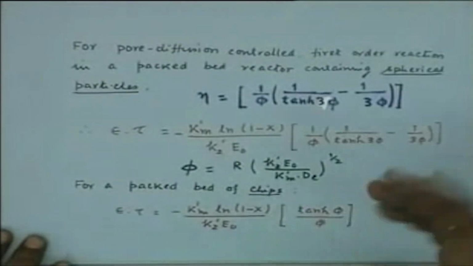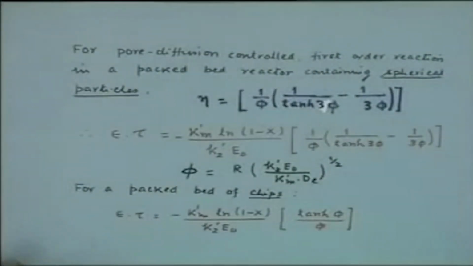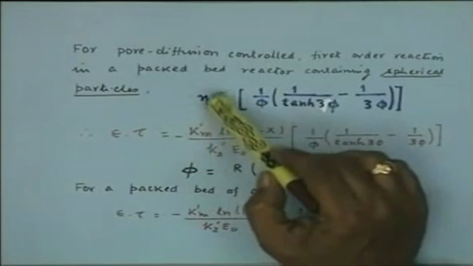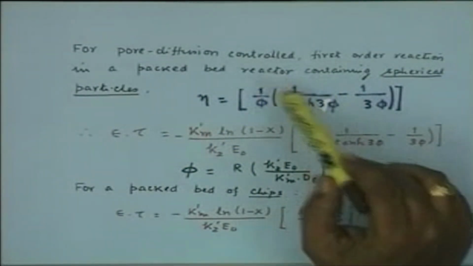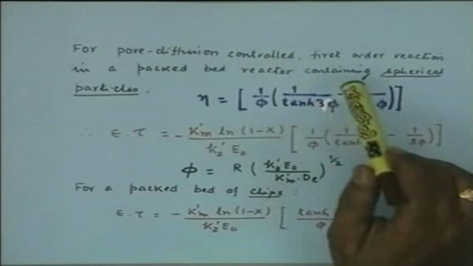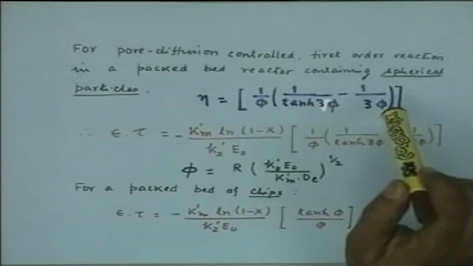There is ample literature available from which one can write, for pore diffusion controlled first order reactions in a packed bed reactor, assuming spherical particles, the effectiveness factor as 1 upon phi within parentheses 1 upon tanh 3 phi minus 1 upon 3 phi.